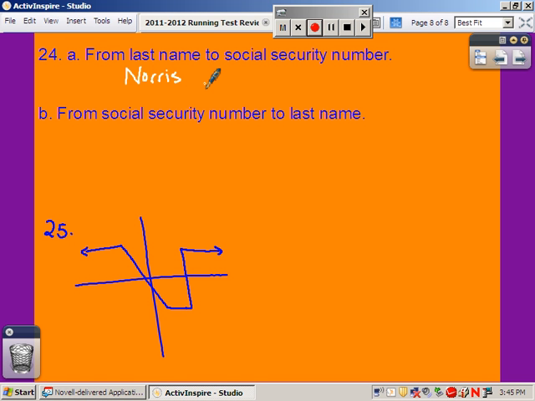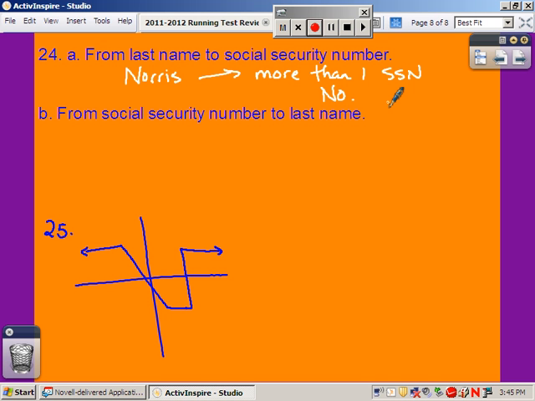So sort of, if you type in Norris, the only social security number you'll get is Chuck Norris's last name and social security number. Doesn't work that way. If you enter in Norris, you might get any number of social security numbers. So I would say if you enter in Norris, you get more than one social security number, which makes this not a function.